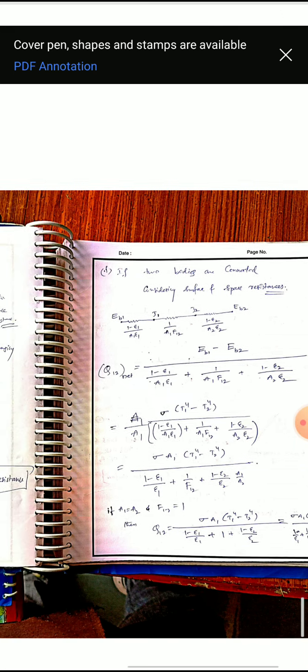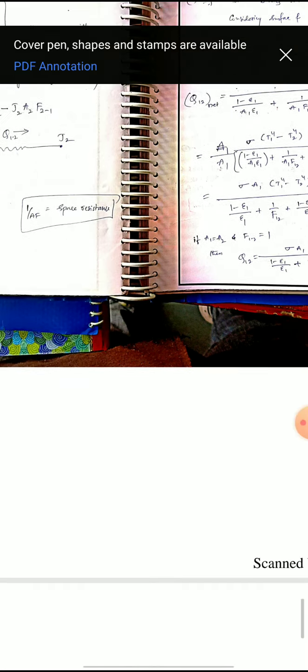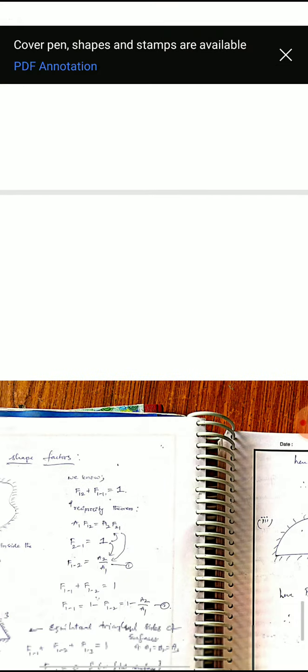So if A1 is equal to A2 and F12 is 1, the shape factor is 1, then the final relation can be reduced to Q12 equals sigma A1 T1 power 4 minus T2 power 4 by 1 by epsilon 1 plus 1 by epsilon 2 minus 1. So again we are getting the same equations.